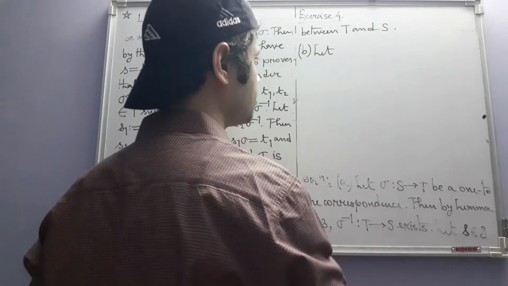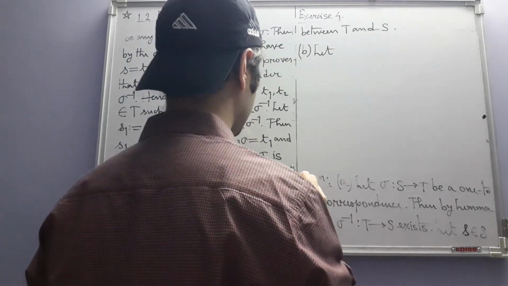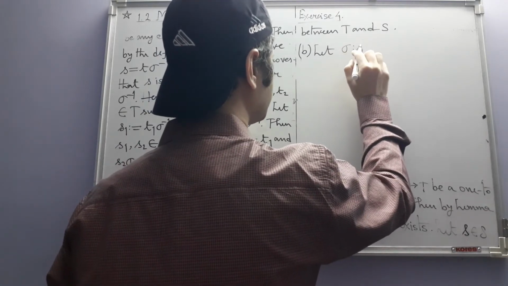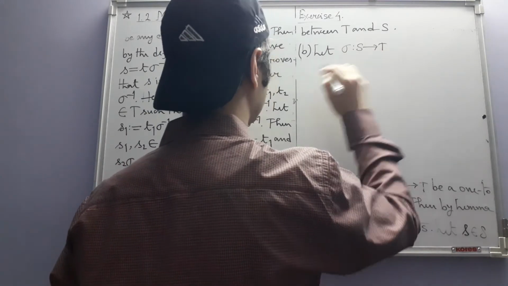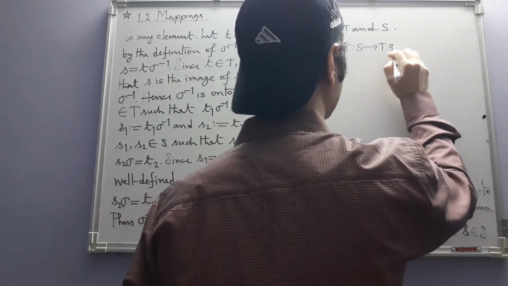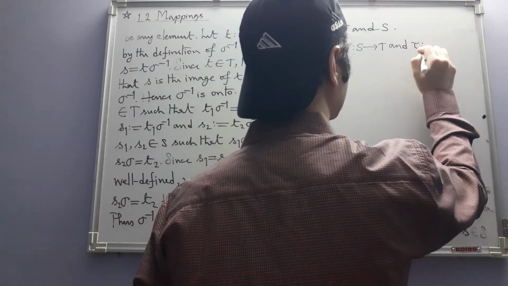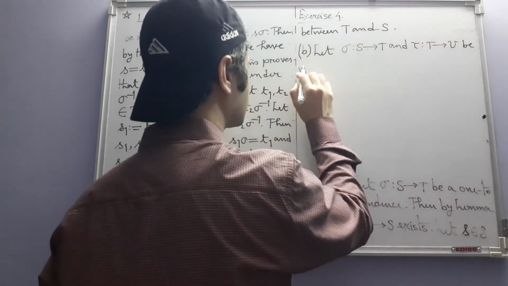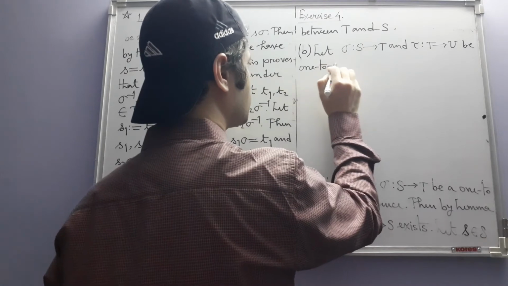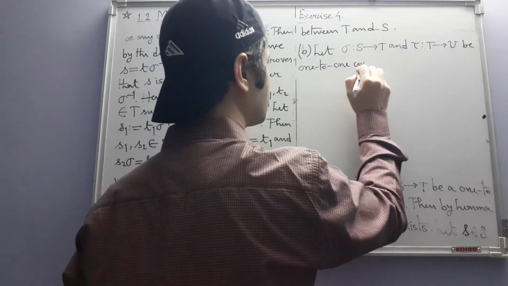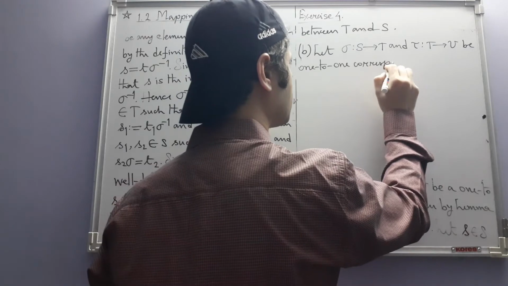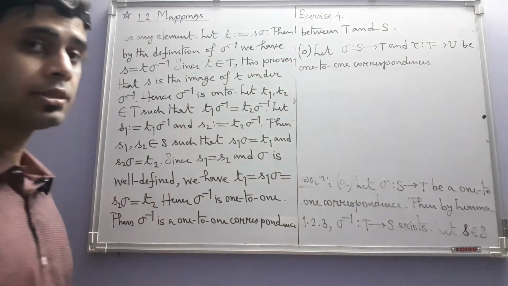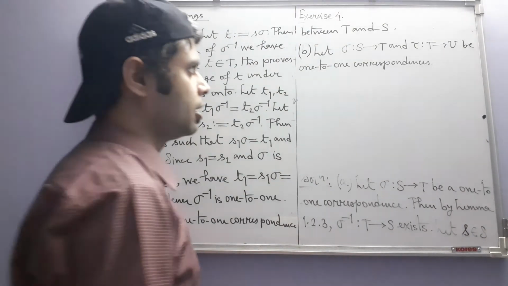So there is a one-to-one correspondence between S and T and one between T and U. So let sigma from S to T, which we already had, and tau from T to U be one-to-one correspondences.